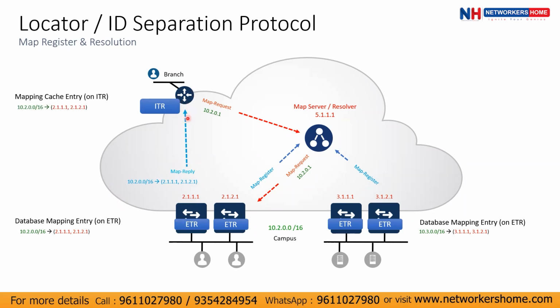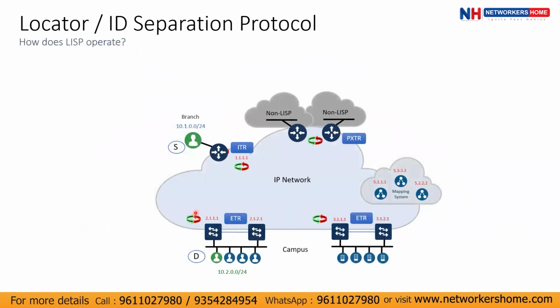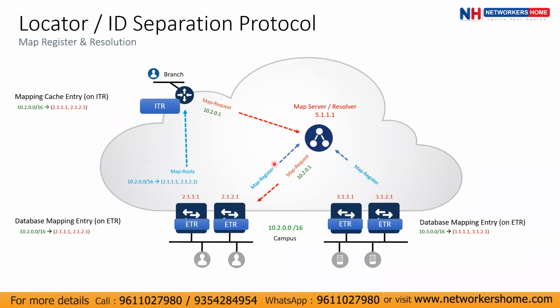Now, ETR can be active-standby or active-active. In what sense? In a real scenario, can I configure the ETR to be active or active-standby, so that if one fails, the other one takes care of it? Because I cannot route traffic to two different RLOCs. Correct.